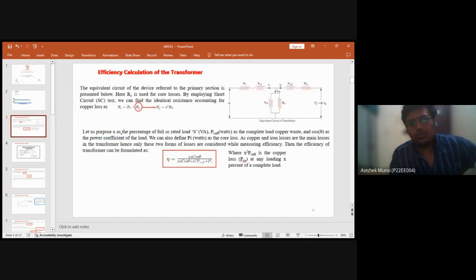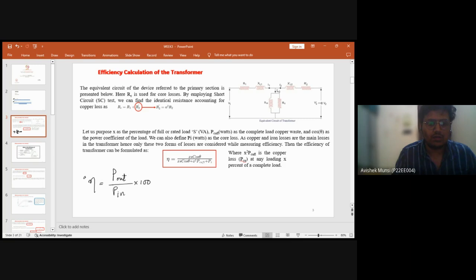So today we'll discuss a little bit about the efficiency. So what is efficiency? Basically, the basic formula of efficiency is output power with respect to input power times 100. This is the percentage efficiency.